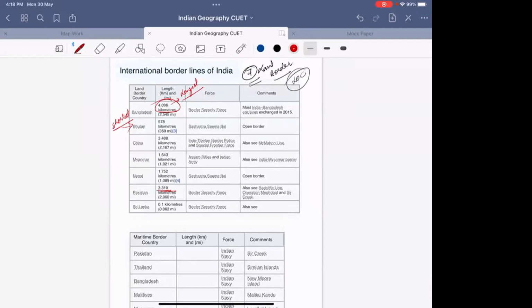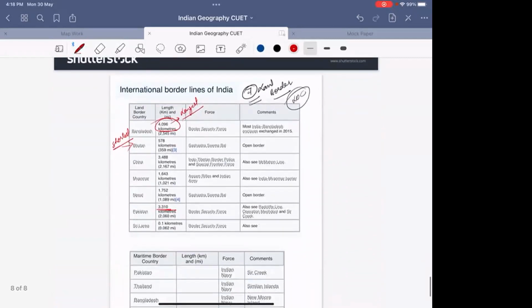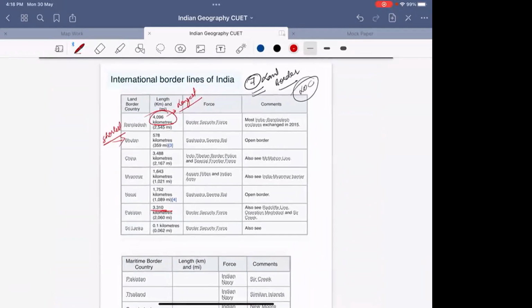So you have to go through this data, otherwise just by looking at the map you will make a mistake. So Bangladesh is the longest border sharing country and Bhutan is the shortest. We also have to keep in mind which are the open borders. The open borders are Bhutan and Nepal.